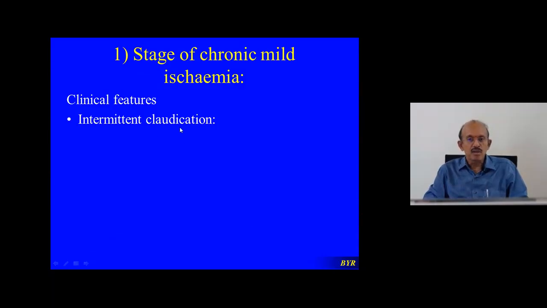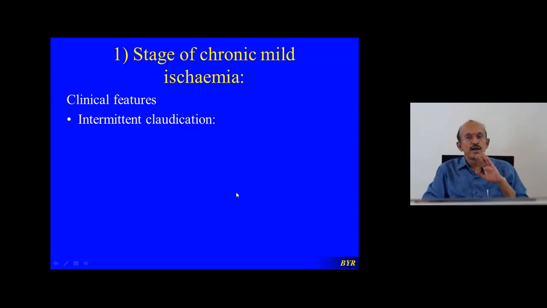What is the meaning of claudication? The word is derived from Claudius. In Latin, Claudius means limping. Just imagine you are sitting in the balcony of your house and you are looking at the road.